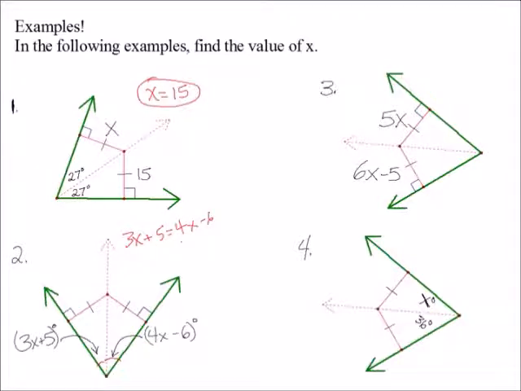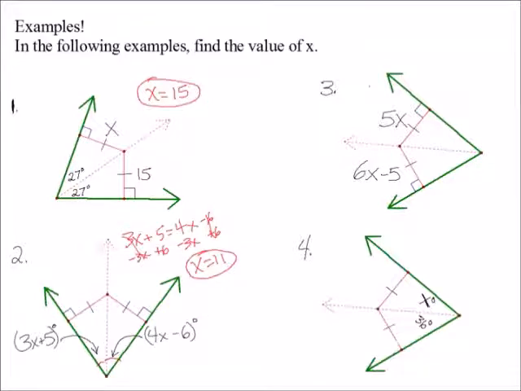Combine like terms, so subtract 3x on both sides. That crosses out. This is going to be plus 6 on this side because we want the x's on one side, all the numbers on the other side. Just check me if you think my math is wrong. And 4 minus 3 is going to be 1x, so I have x equals 11. Okay? There it is right there.